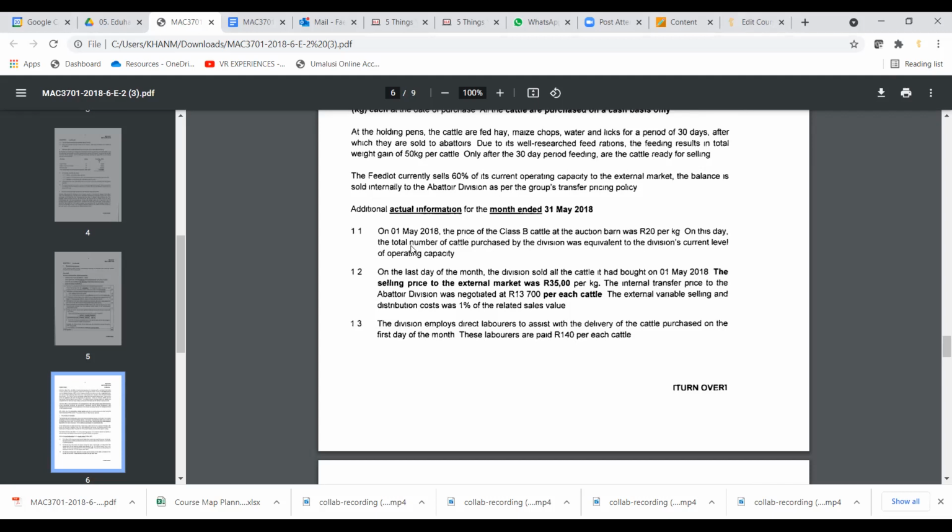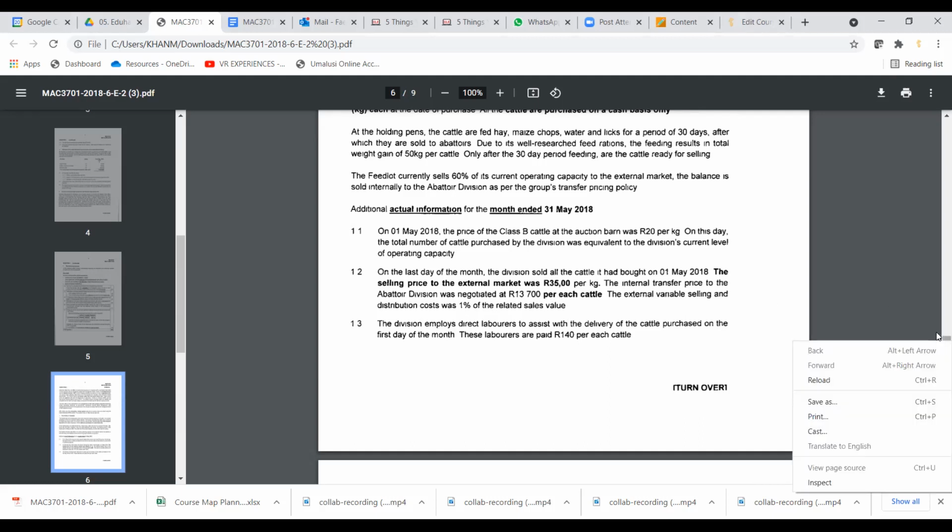On this day, the total number of cattle purchased by the division was equivalent to the division's current level of operating capacity. On the last day of the month, the division sold the cattle it had bought on 1 May 2018. The selling price to the external market was 35 Rand per kg. The internal transfer price to the abattoir division was negotiated at 13,700 per cattle. Okay, so that's the important part, 13,700 Rand per cattle. We may need that.